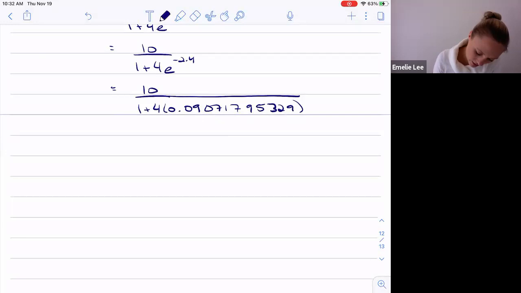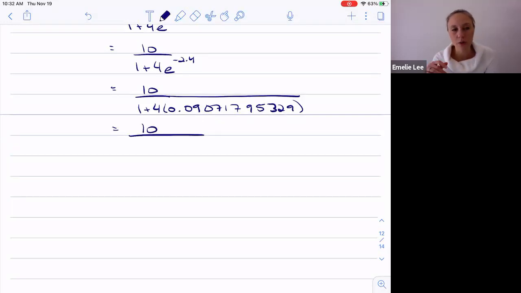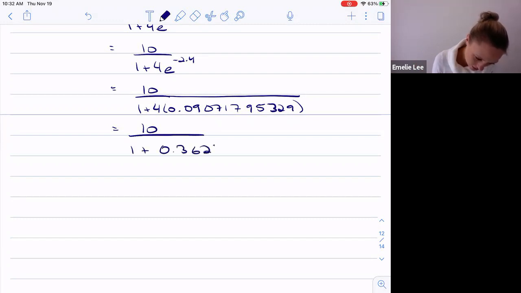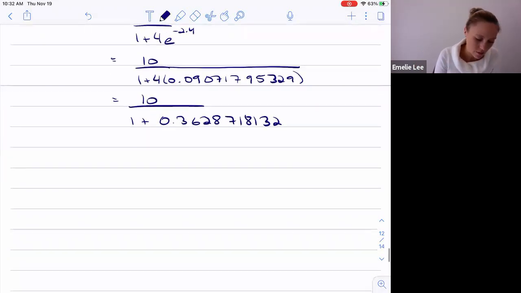Multiply that by 4. Just going through and showing all the work in the order that you should be doing it, right? So 10 divided by 1 plus 0.3628718132, and plus 1.